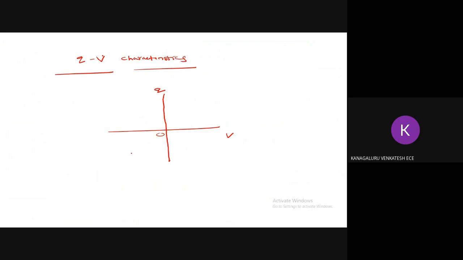If you look at the relation between these two, the characteristics would be like this. At any point, if you take the slope, it is going to be the same, and that is nothing but the capacitance. Capacitance is nothing but Q by V. We know that Q is C into V.